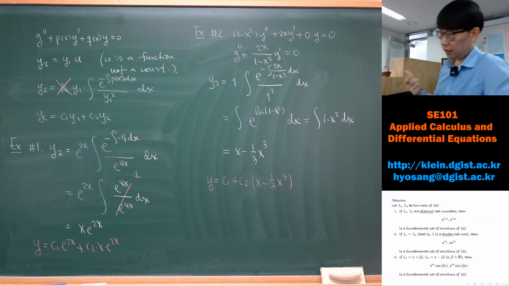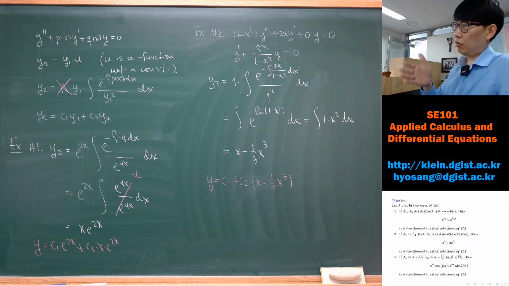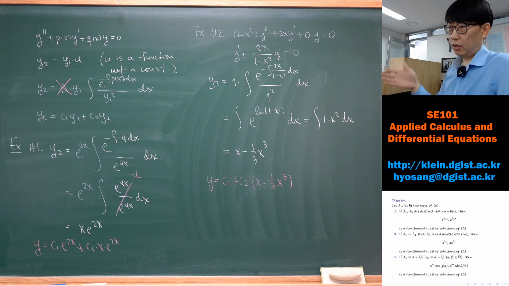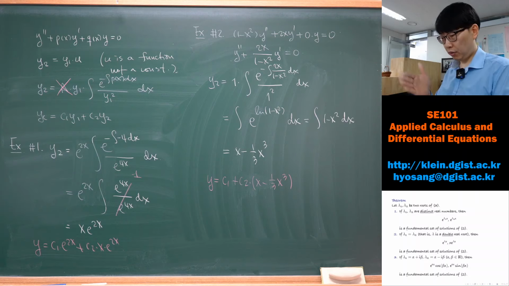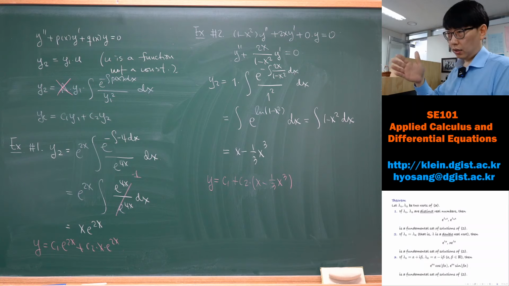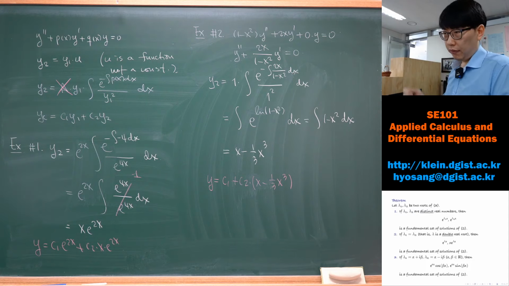The third case is that you could have a complex root, and complex roots always come in a pair, one the conjugate of the other. The conjugate means that if you express your complex number as a real part plus i times the imaginary part, then the conjugate has a negative sign on the imaginary part. Then the fundamental solutions have a different form: e to the alpha x times cosine beta x, and e to the alpha x times sine beta x.